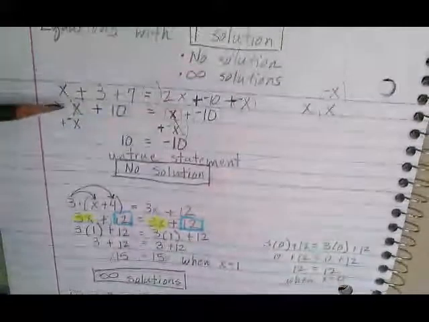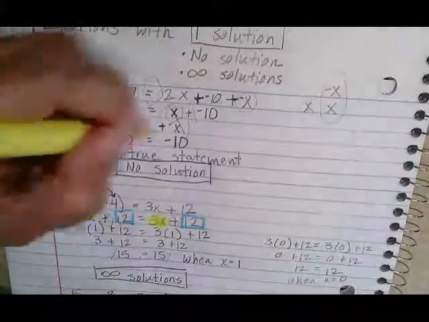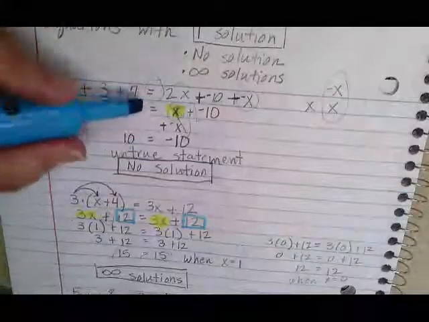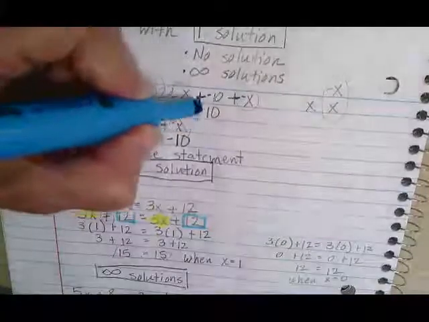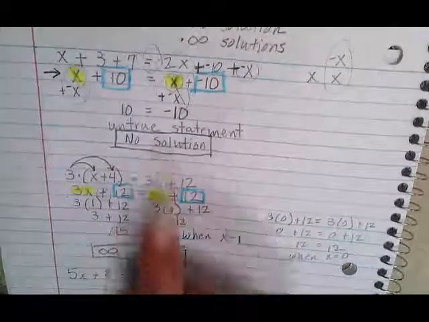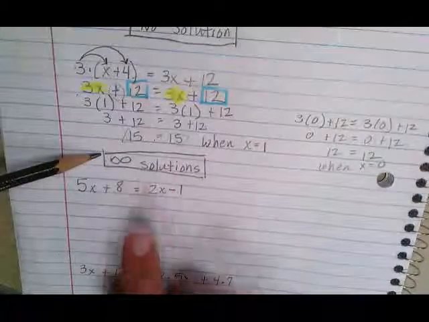Remember back up here, my x values were the exact same, but my constant or my numbers were not exactly the same. So that resulted in no solution, and this results in an infinite number of solutions.